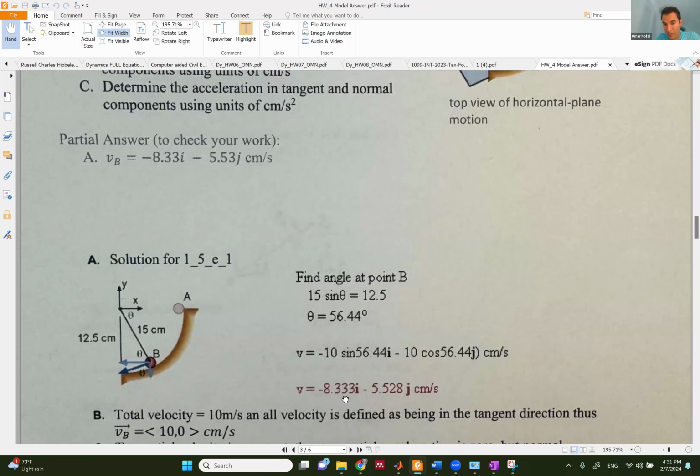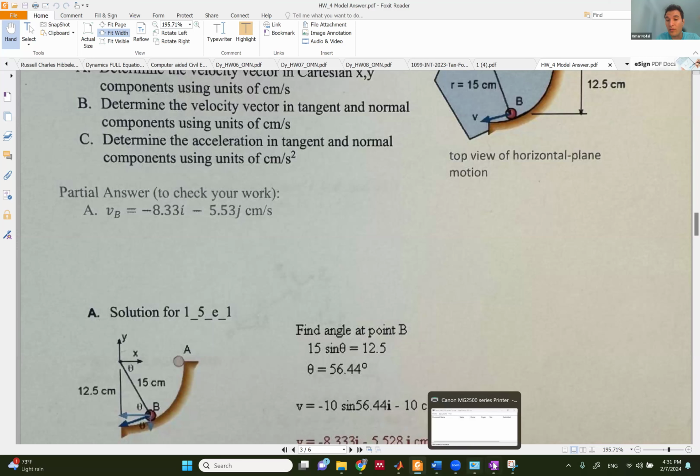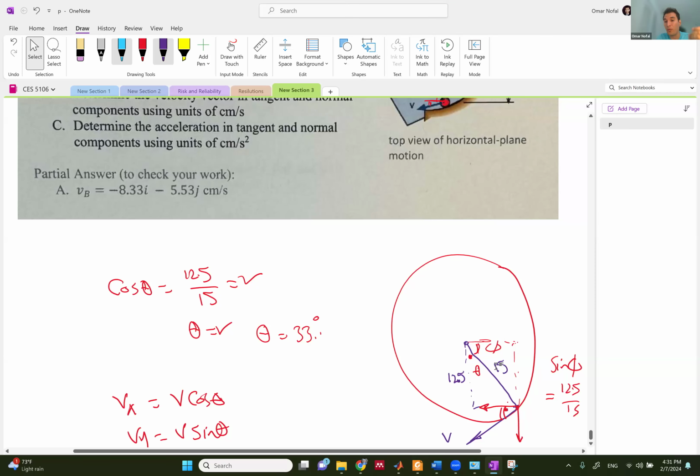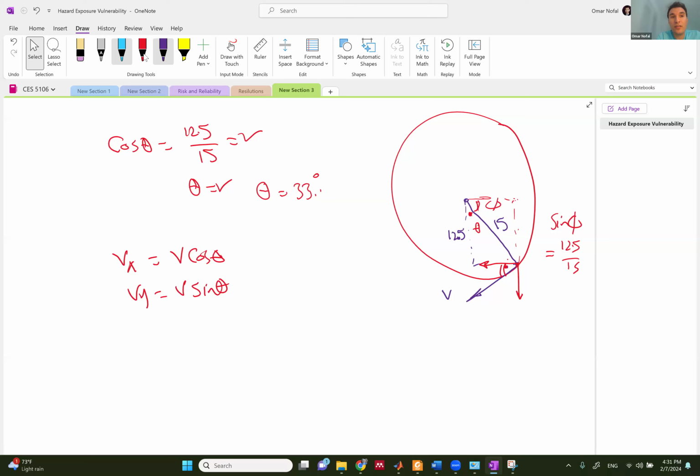The second requirement, determine the velocity vector in tangent and normal components. That's a very, very easy question. Why? Because I know from the principle that there is no normal component for the velocity. All the velocity is always in the tangent component. So if I map the tangent-normal coordinate system, I know that the tangent is in the direction of the velocity and the normal is toward the center.